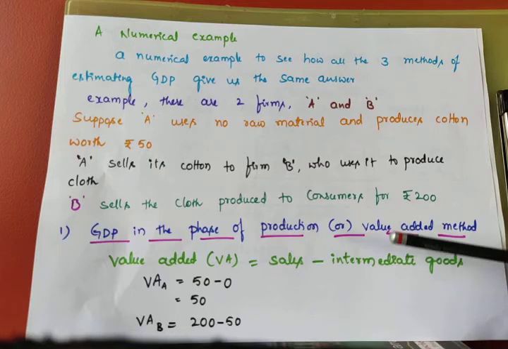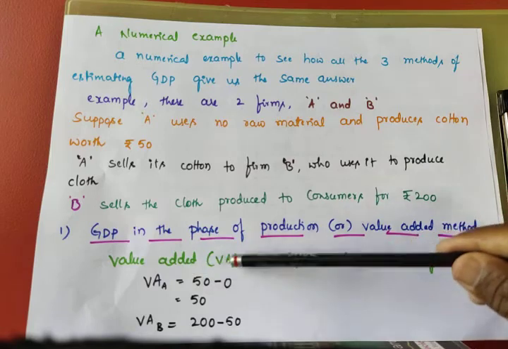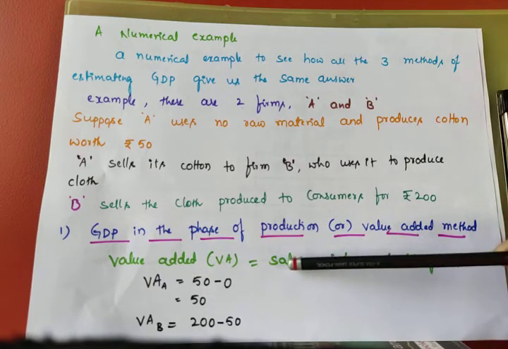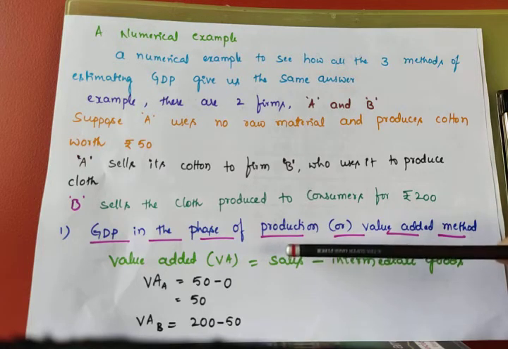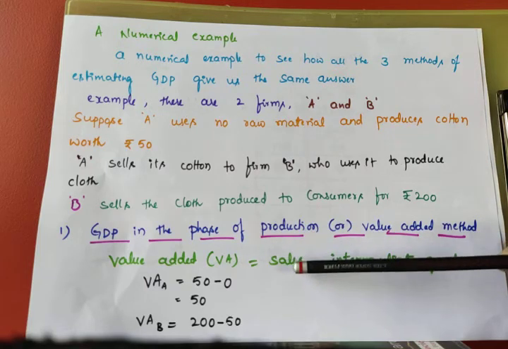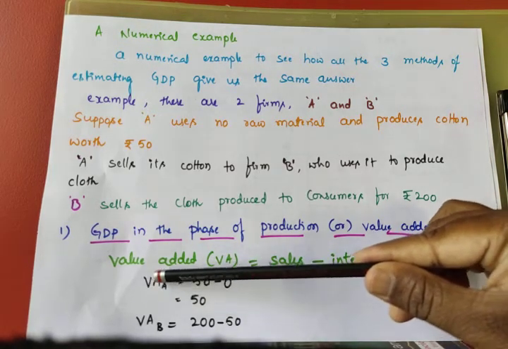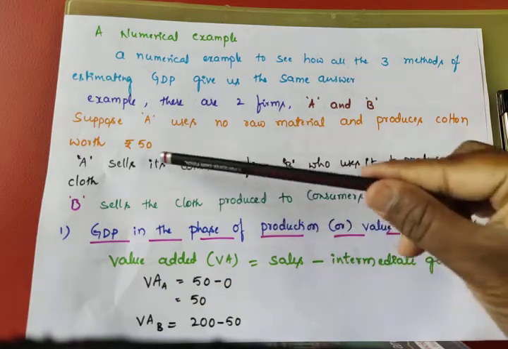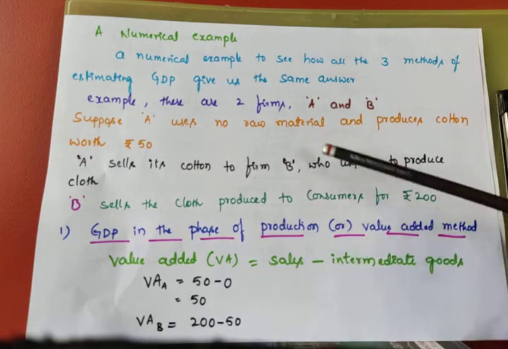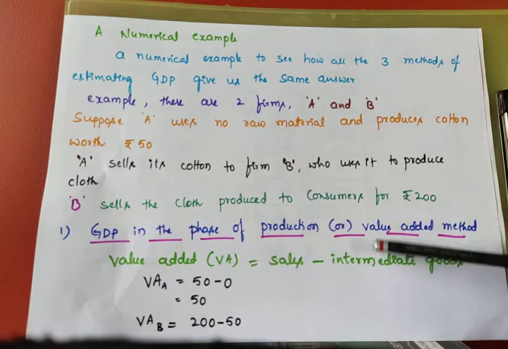Here, firm A produces cotton worth rupees 50 and sells it to firm B. So for the value added of firm A, sales are rupees 50. And there is no raw material, so there is no intermediate good; it is 0.